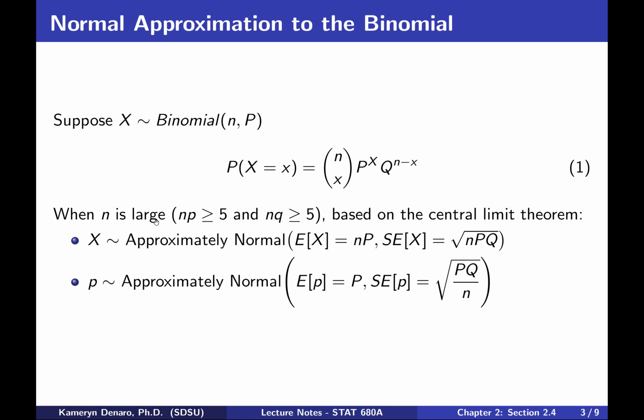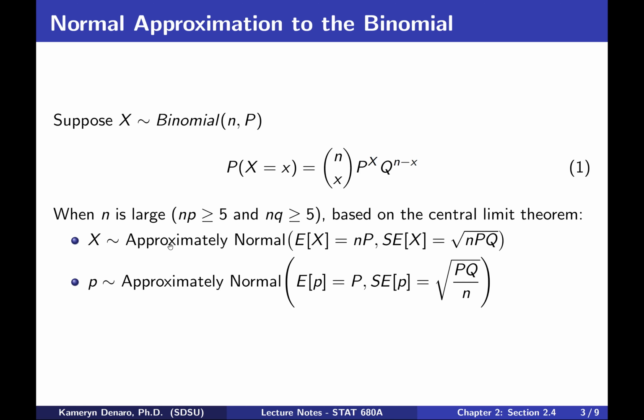But if n is large, and we say large is relative, if np and nq are greater than or equal to 5, then using the central limit theorem, we can get the distribution for X and the distribution for p-hat, the sample proportion. Remember that X is the number of successes, p-hat is the proportion of successes.